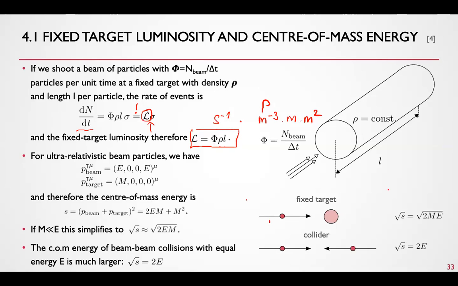Each of these quantities increases the number of reactions that happen per time. We are not going to look into fixed target experiments a lot, but the expression for the luminosity is phi, the rate of beam particles, times rho, the density, times the length here. I can erase this again.